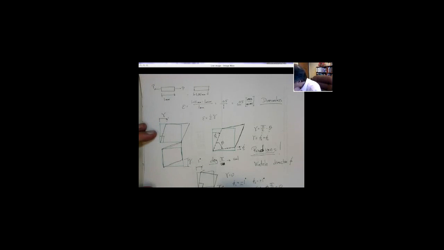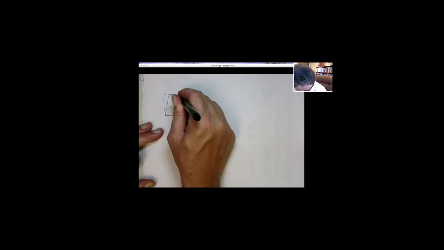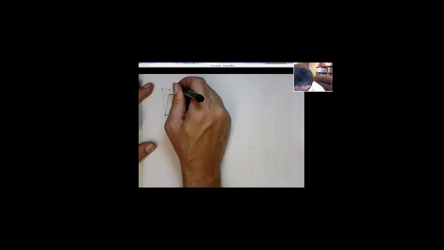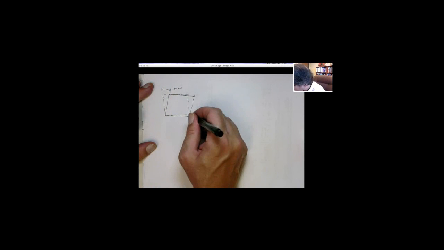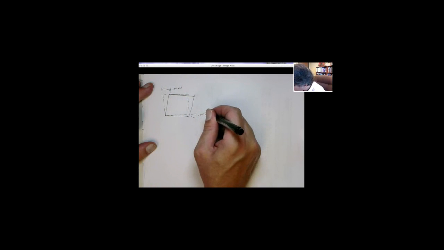So just to do another one where it's not equal to 0. Let's say here are the undeformed lines. And then it deforms to something like this. Usually these are all very small angles, but I have to exaggerate them a little bit. Let's say this is 0.001 radians, and this one is 0.0005 radians.